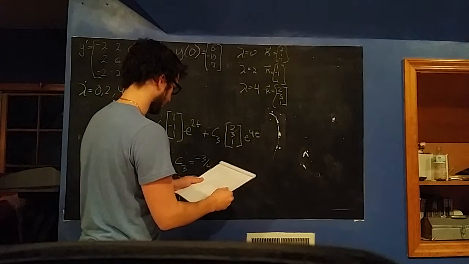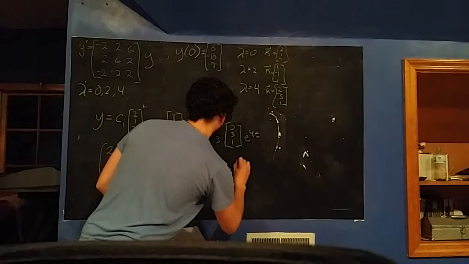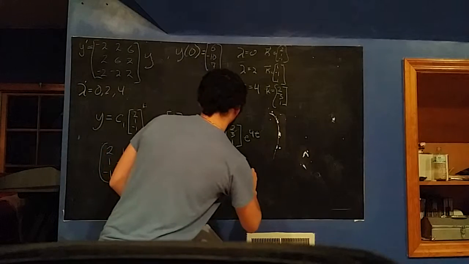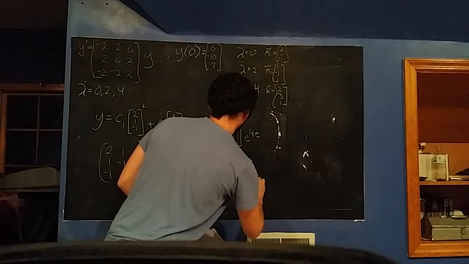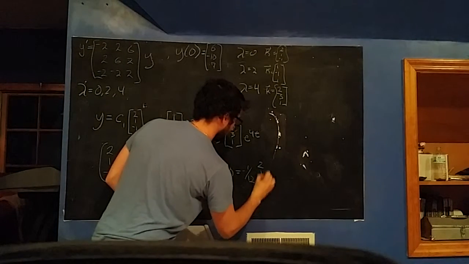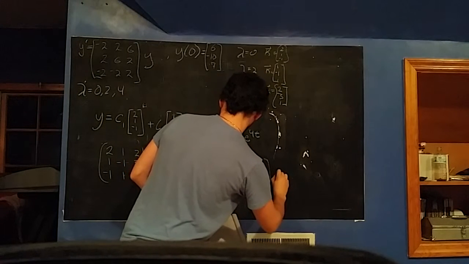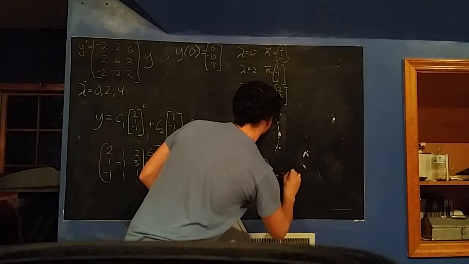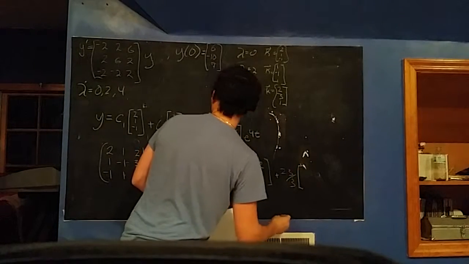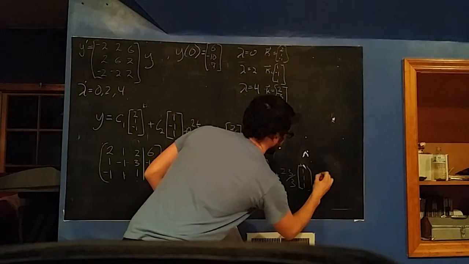And from there, we can just plug those values in. We get y is equal to negative 1/12 times 2, 1, negative 1, plus 23/3 times our second k vector, which was 1, negative 1, 1, e to the 2t.